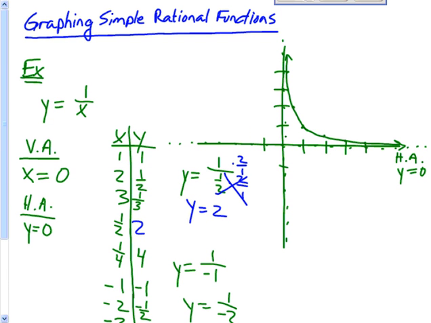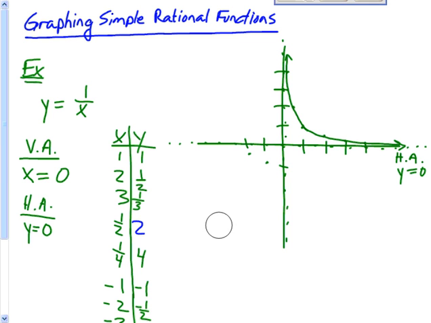So -1, -1. -2 comma -1/2. -3, I'm down a third of the way. -4, I'm only down a fourth of the way. Anyways, you can see this. Plug in -1/2. 1 over -1/2 is -2, all right? So you'll have that point as well. You can kind of see how this thing shoots down, doesn't it?